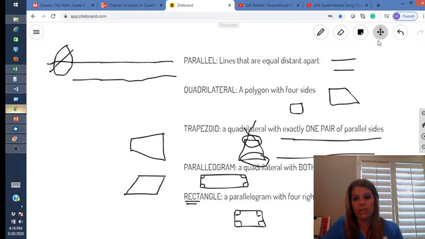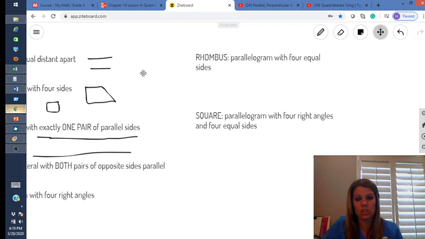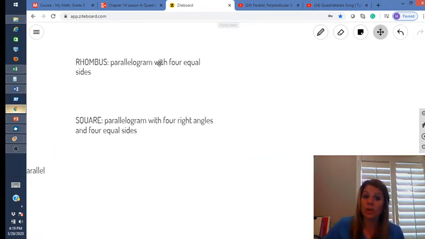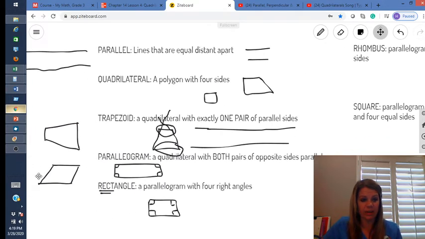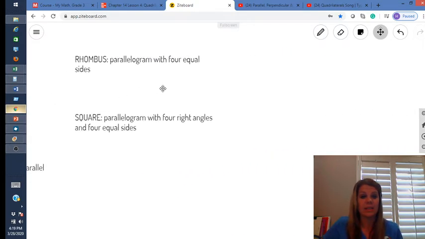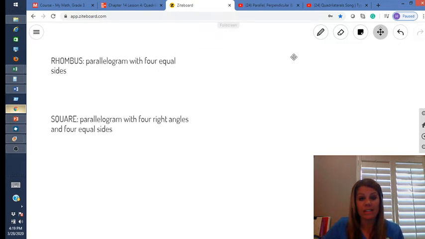All right, we're going to do a few more definitions. Two more. The first one is rhombus. Now, this is a parallelogram, so we have to look over here. It's a parallelogram like this or like this. It has to have two sets of parallel sides. But also, all the sides are equal length.